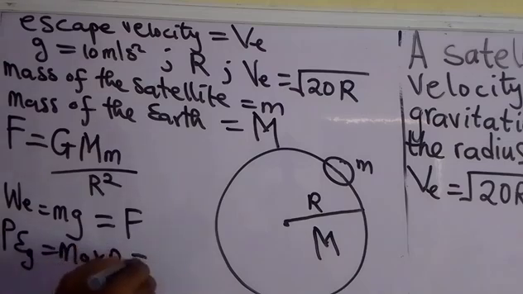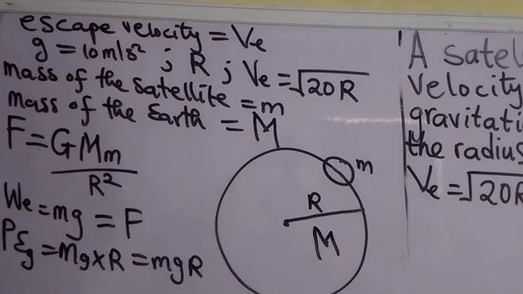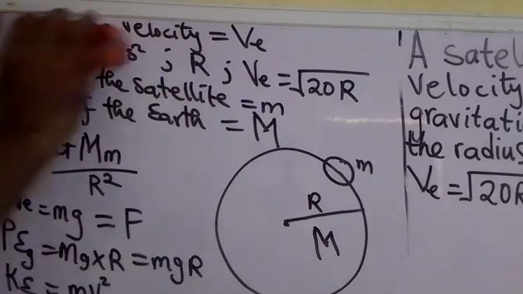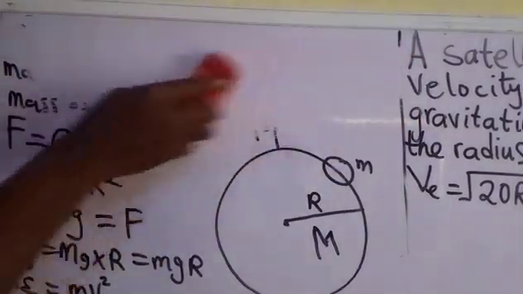Okay, so this is mgR. Of course, from the law of conservation of energy, this gravitational potential energy will be converted to kinetic energy, which is the energy of movement of the satellite. So the kinetic energy of the satellite should be given by the mass of the satellite times the square of the escape velocity over 2. Okay? Now, I hope this is clear.